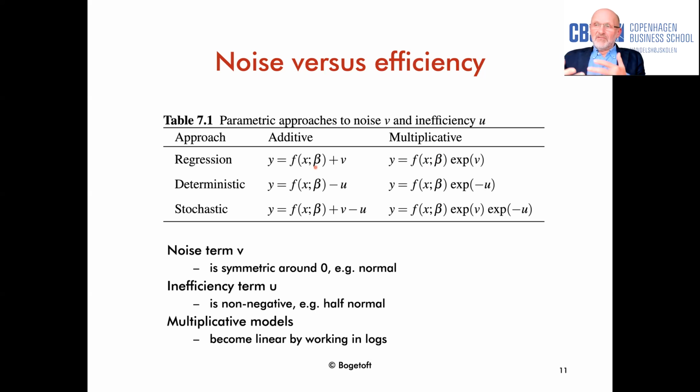But we have to be careful once we go from these estimates of the U's and the V's to a measure of technical efficiency. Then we need to think about whether we're actually working with a multiplicative one, where efficiency will just be the exponential of minus U. That'll be technical efficiency of the Shephard type, and will just be an estimate of this one here or this one down here.